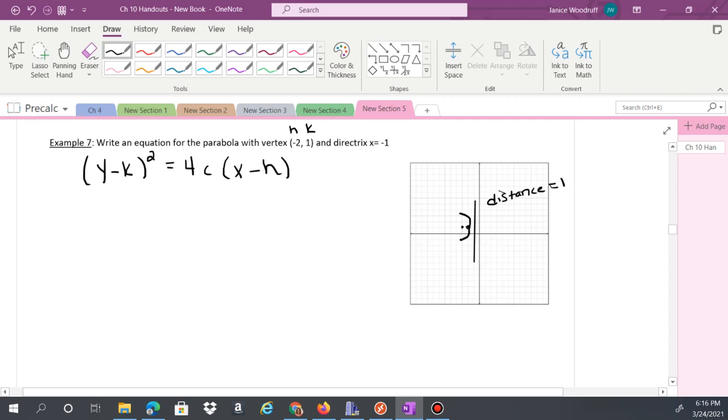And the point would be negative 3. So the distance from vertex to focus is negative 1, because I'm going left. So left 1 equals negative 1. Okay, so c equals negative 1. So if I plug all of this in, we're just writing the equation here, y minus 1 squared equals 4 times negative 1, negative 4, x minus negative 2, which gives us x plus 2.